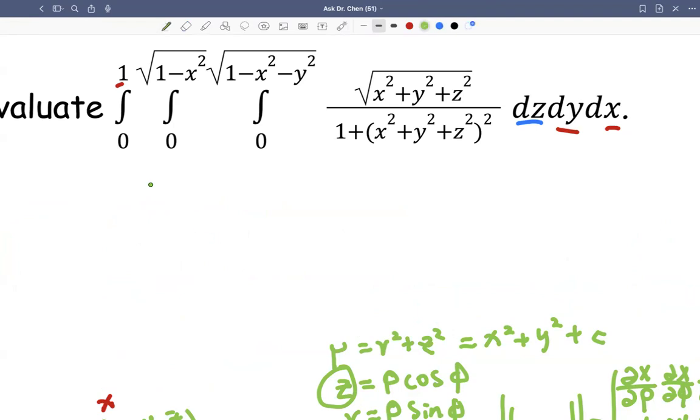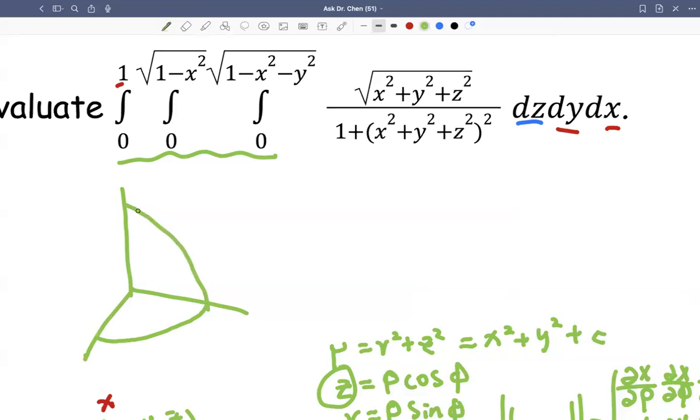So look at the lower limit and upper limit in each variable. If we have 3, we just get this quarter sphere in the positive side. If you look at your room, this is like one corner of your room. We just get this quarter sphere.